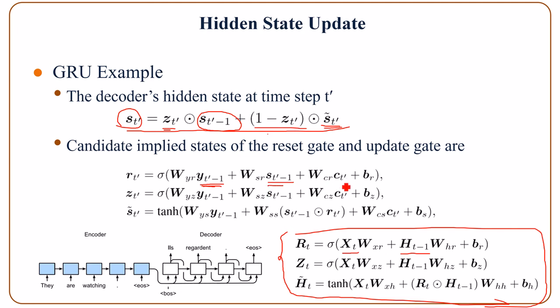And c_t' is the context variable at time t prime. The contribution of it is via some weights, and the rest is very much similar, the bias vector. So we can see the elements in the gates, the reset gate and the update gate, have the same structure.